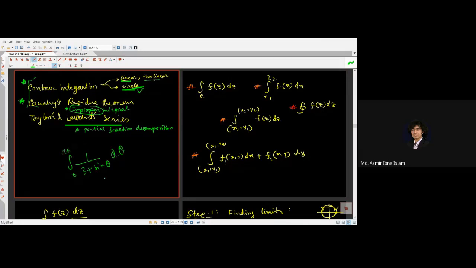We can also solve this type of integral by using Cauchy's residue theorem. Is that okay? The process is the same, but somehow you have to convert the integral so that we can apply Cauchy's residue theorem. So try to learn that one by your own effort. We are moving to Taylor and Laurent series now.